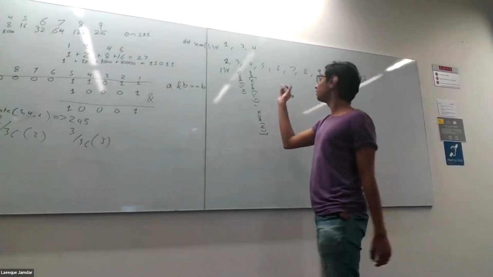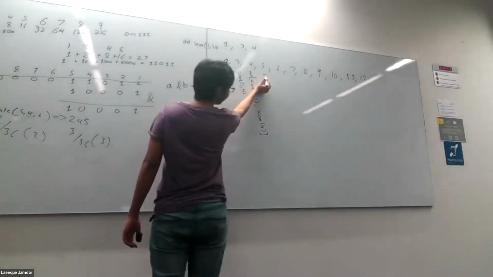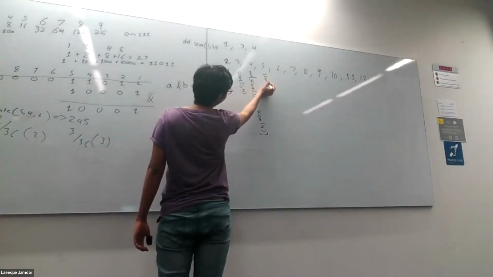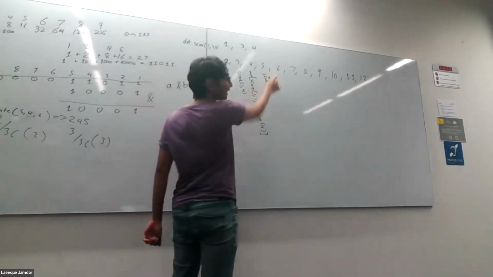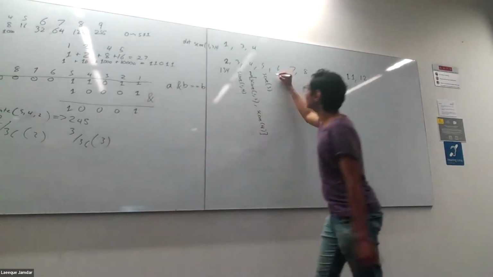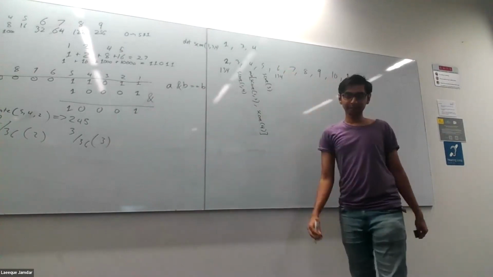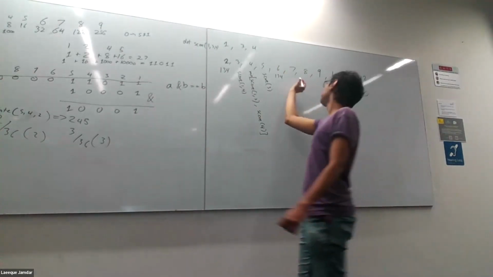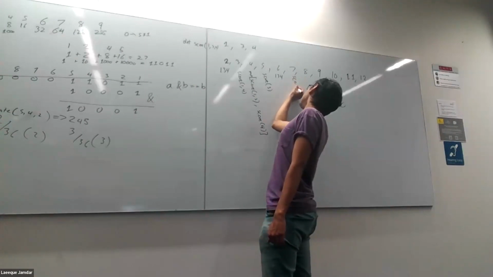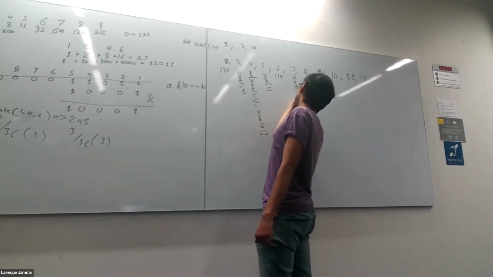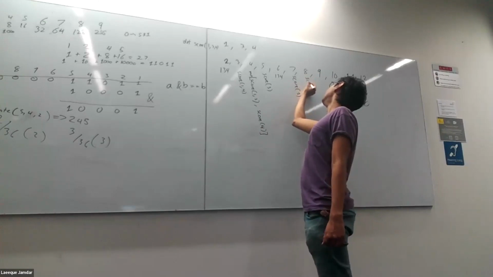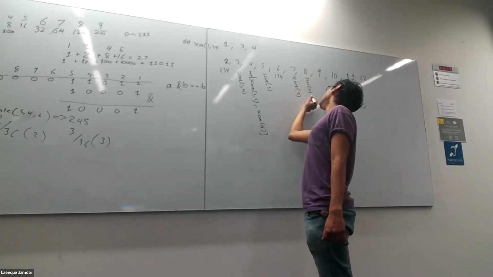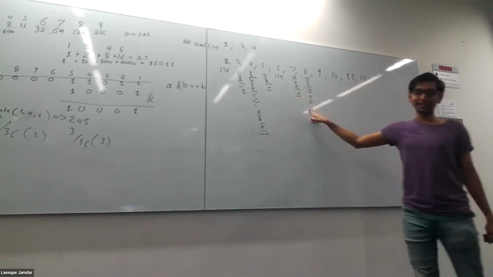For 5, there's only one option, but we again have to recursively call and score 3. 6 has no options, so we default to this. 7 has an option, score 1. 8 has one option, but we know that that is equal to 0.